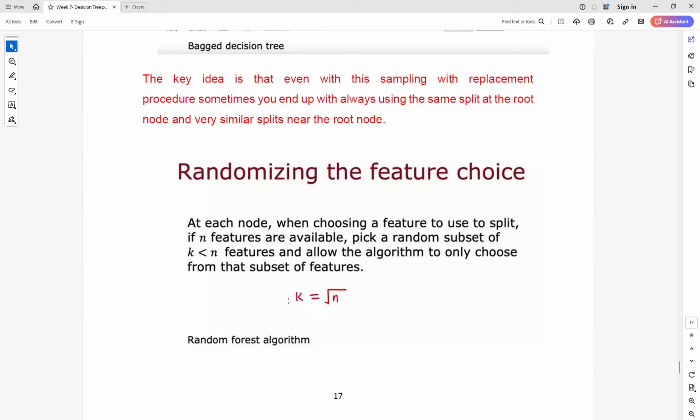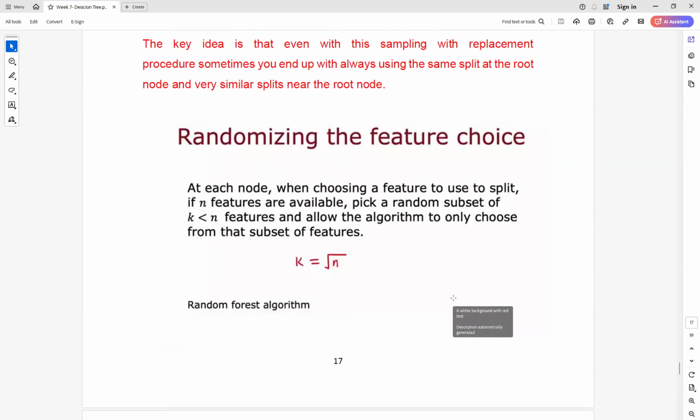It means instead of taking a look at the 16 features and picking the best feature to split on, you just focus on k features, which is 4, and pick the best feature that you can split your data on. This is how random forest works to make a prediction.